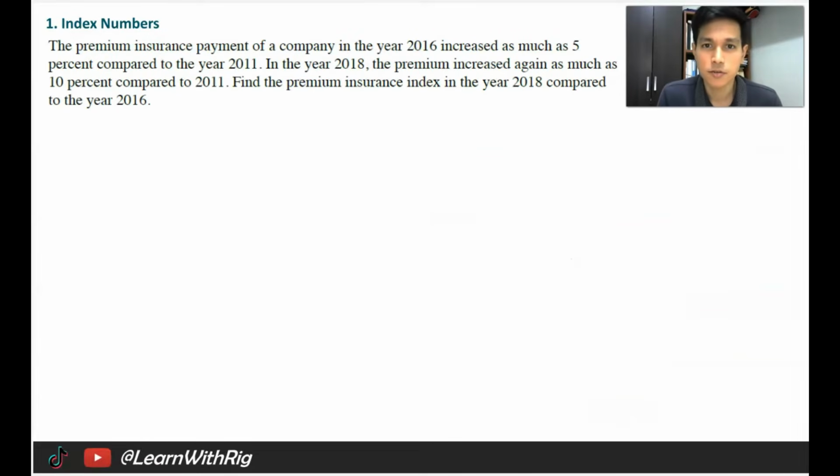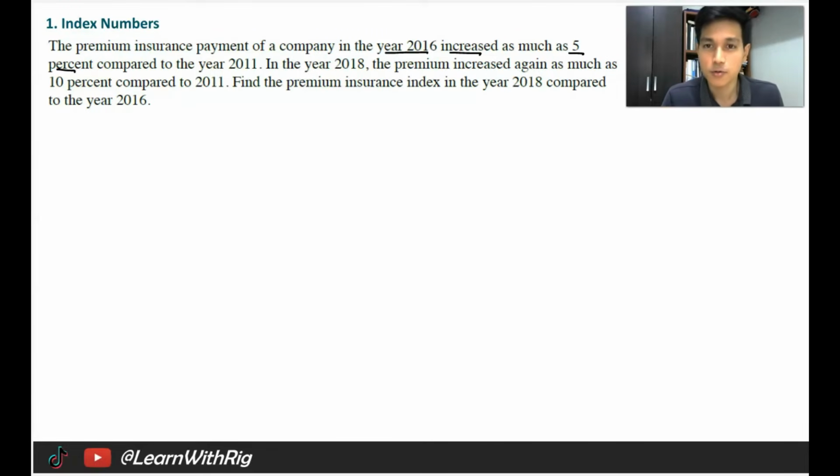The premium insurance of a company in year 2016 increased as much as 5% compared to year 2011. What can you understand from this? They say increase.